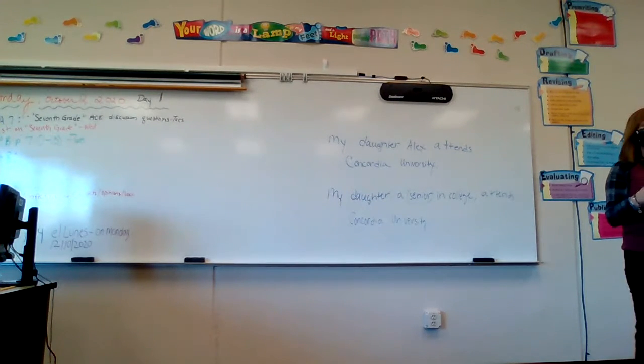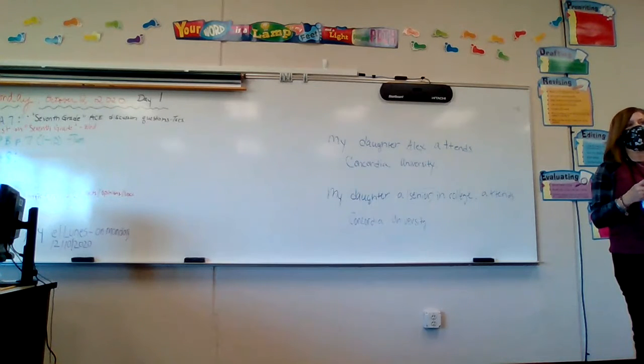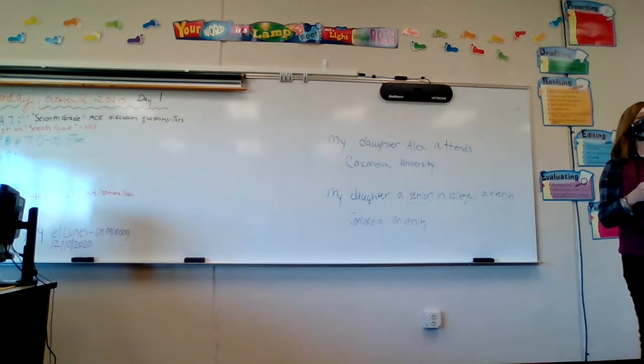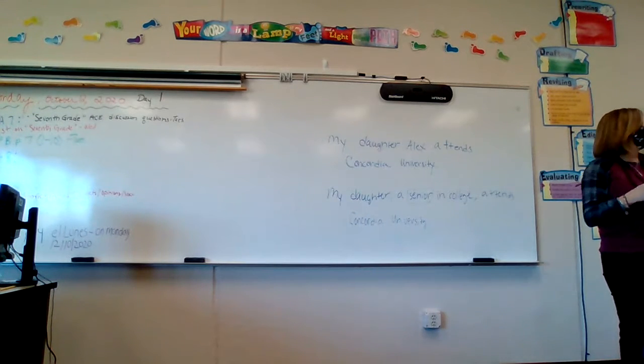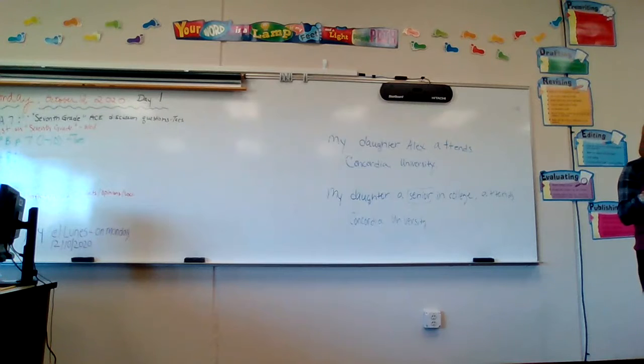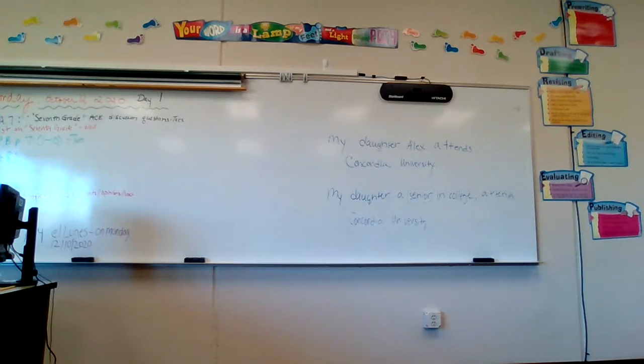The appositive phrase, a 19th century writer, helps identify Louisa May Alcott. It's telling you about her, right? Giving you information. The writer is like the main noun in that phrase, so that's the appositive. And a 19th century writer is an appositive phrase. So any questions about that? It's the same thing that we did here.